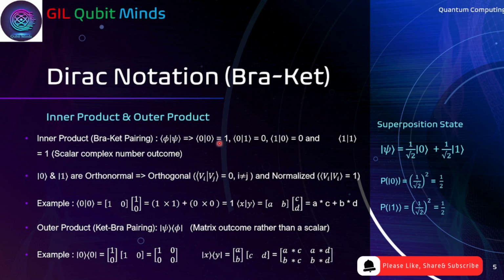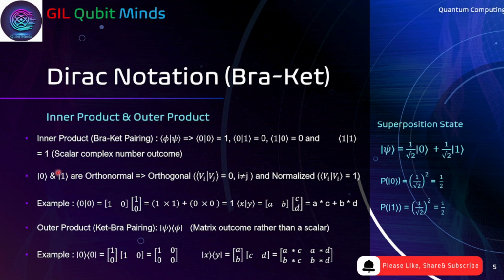Observe that whenever we multiply this way, we get a scalar element, a scalar complex number as the outcome. For Bra-Ket, you will always get a scalar number. But when we do the reverse, Ket with Bra pairing, we will always get a matrix rather than a scalar.